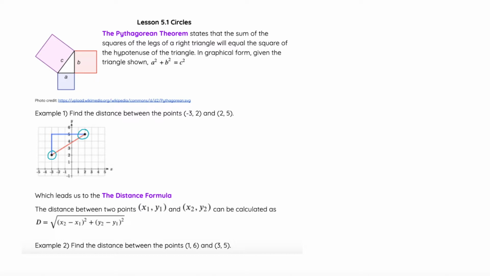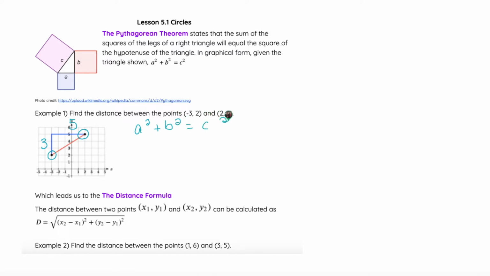Since they're nice even values, I can count that the left side is 3 units and that the side along the top is 5 units. Therefore, by utilizing the Pythagorean theorem, I can find the length of my hypotenuse. My legs squared, a squared plus b squared is c squared.